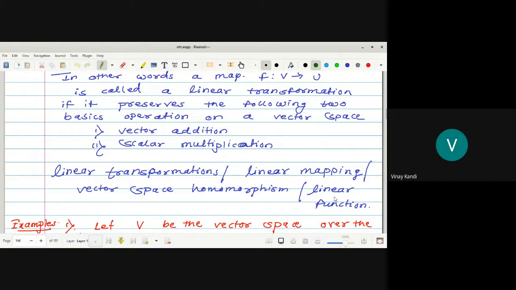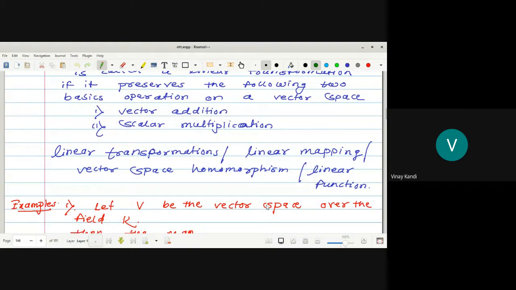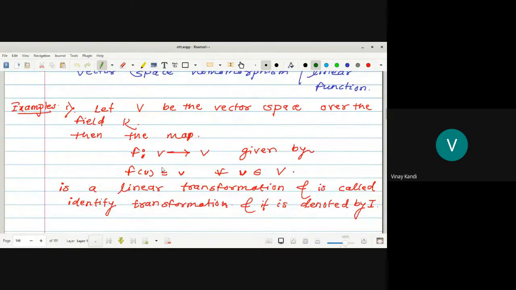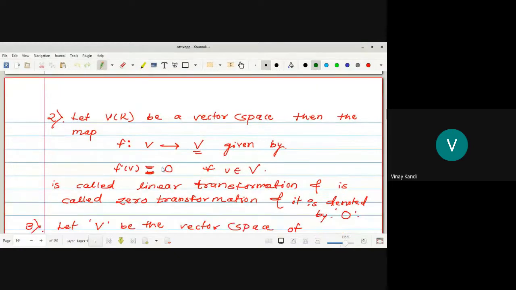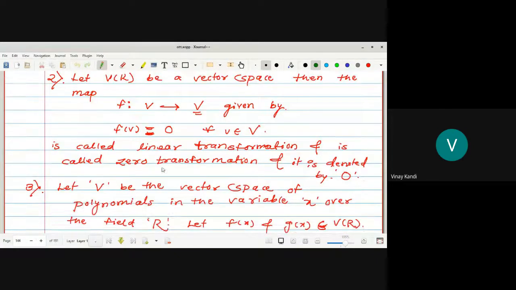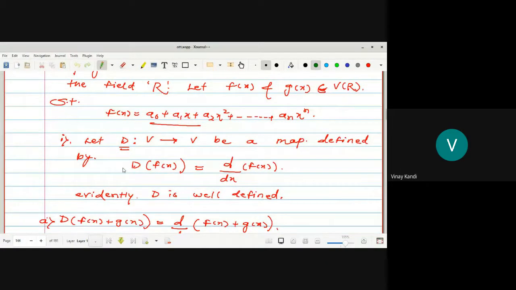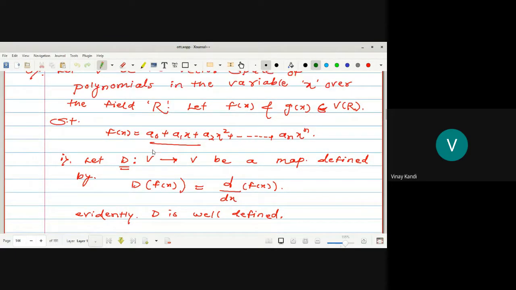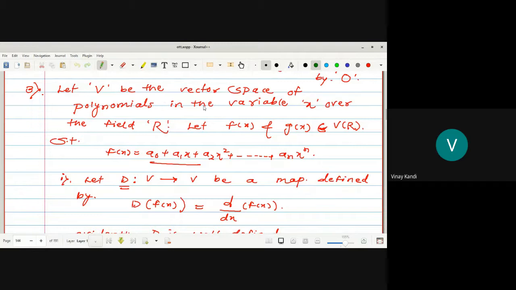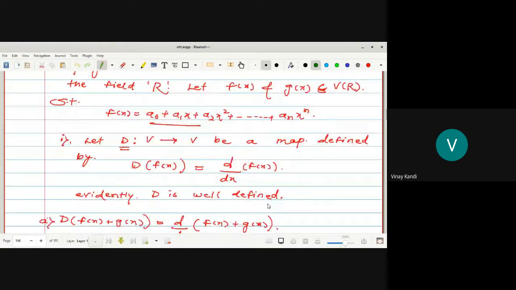And also, we have seen some examples. The identity transformation is a linear transformation. Second, the zero transformation is also a linear transformation. The third example is the derivative of a polynomial. If V is the vector space of all polynomials in the variable x, then D from V to V defined by d by dx of f of x is also a linear transformation, and it is called the differential operator.